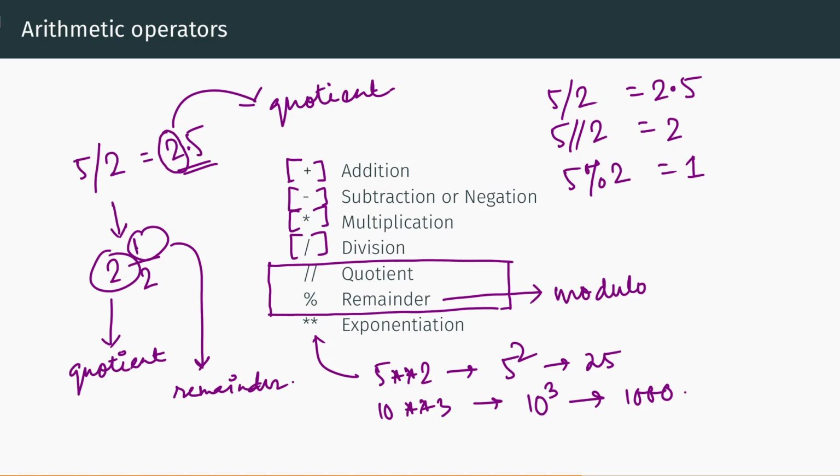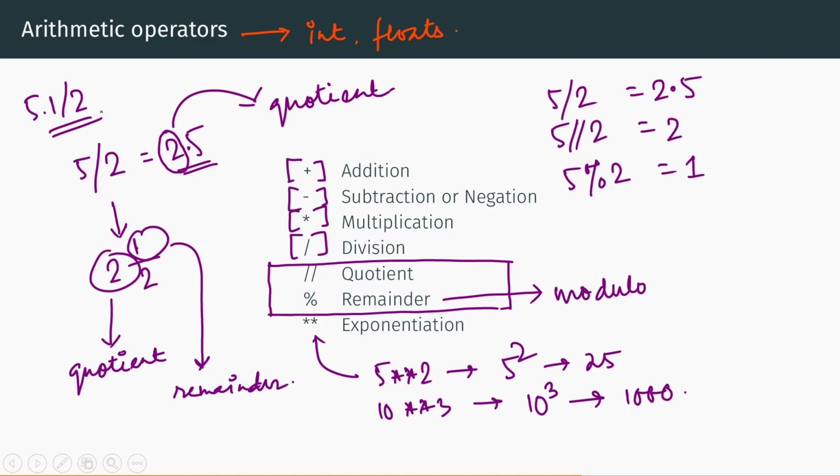Now, as you might have guessed, the arithmetic operators work on both integers and floating points, ints and floats. So, like 5 divided by 2, you could also have said 5.1 divided by 2. You can totally say that, right?